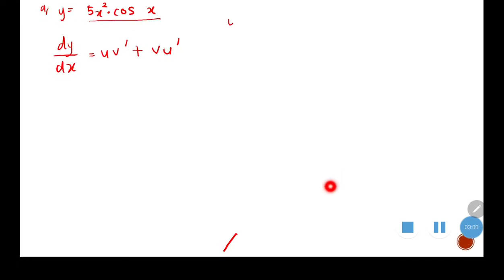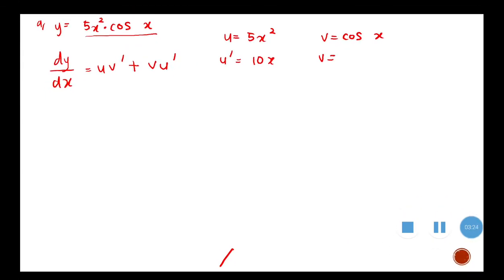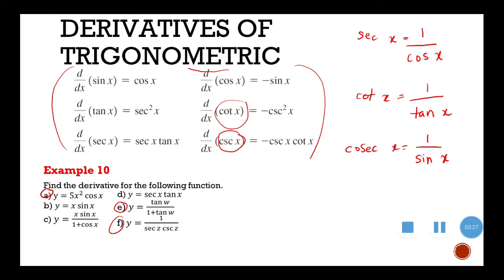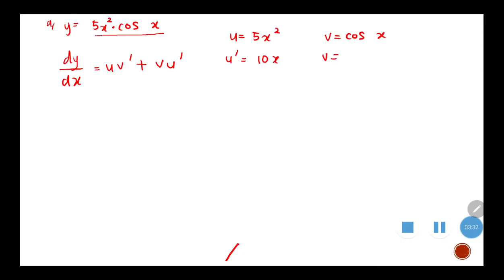Okay, so what is u here? u is 5x squared. And what is v? v is cos x. So differentiate u, u prime, you will get 10x. And differentiate v, v prime, you will get what again? Should we go back to our notes? Differentiate cos x and you will get minus sin x.